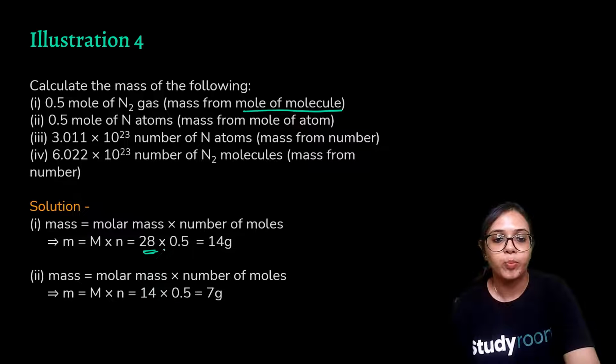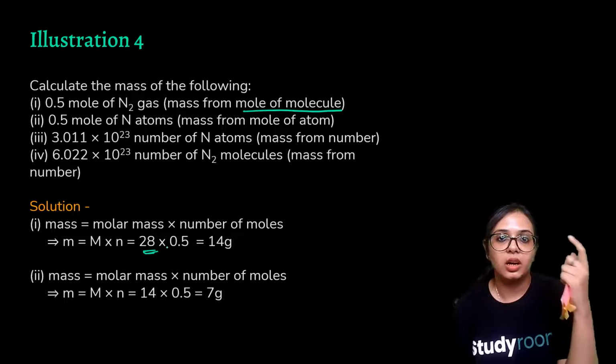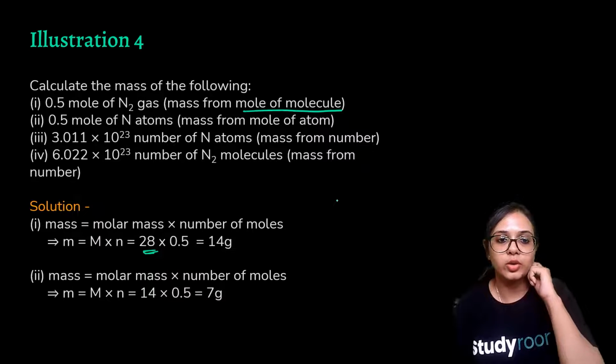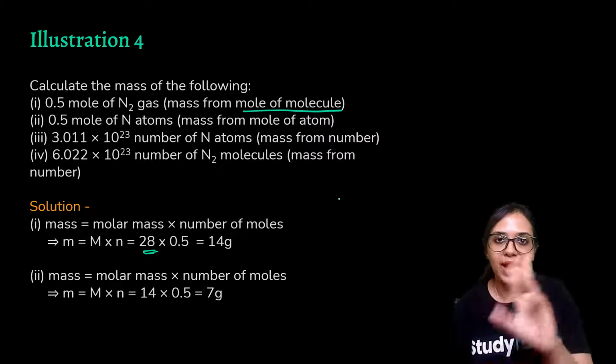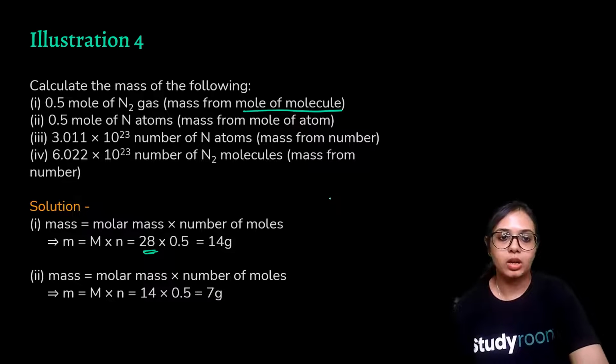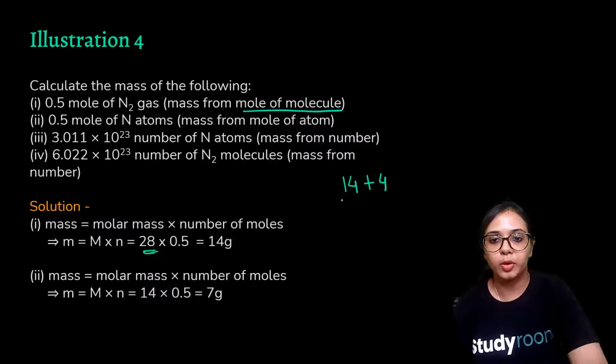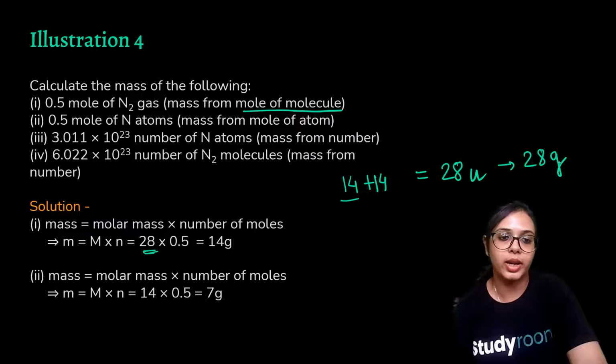Okay, so basically one molecule of nitrogen would have 2 atoms of nitrogen. So 14 plus 14, okay, 14 is the atomic mass unit of 1 nitrogen. So 14 plus 14, that would be the atomic mass unit of 1 molecule of nitrogen, and you have to calculate the molar mass. So simply change the units, 28 u to 28 grams.